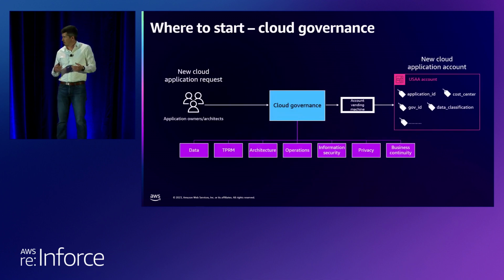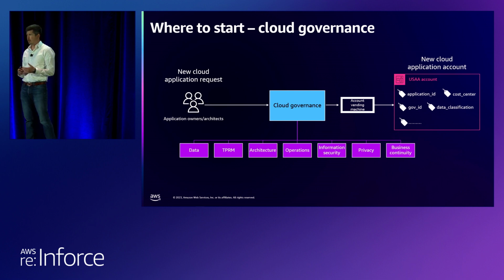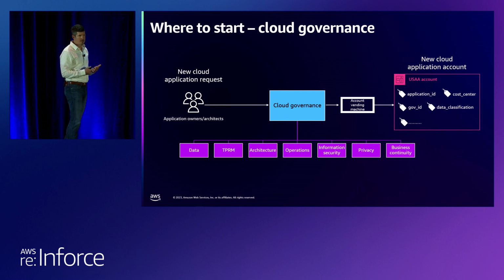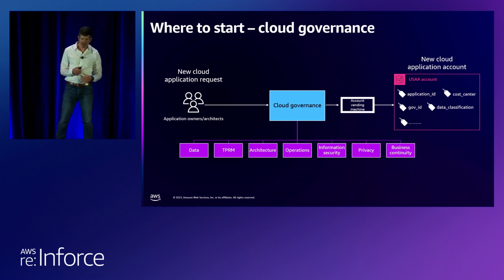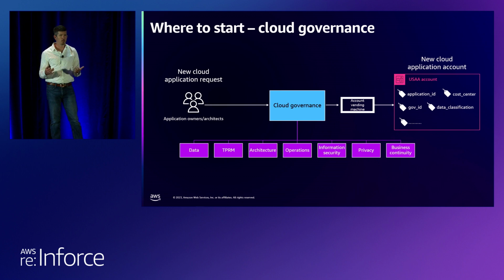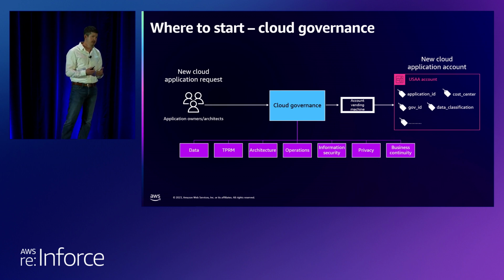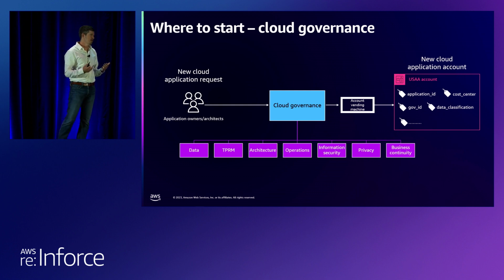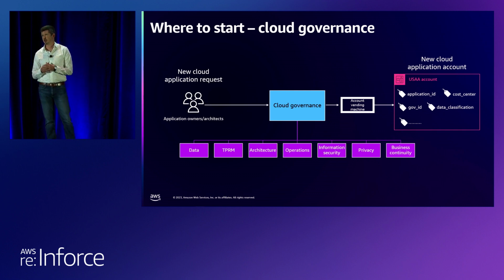So the next step in our journey was asking ourselves, where do we start? There are multiple facets of the AWS data perimeter, and we knew that there are multiple ways to approach them. So we started with our cloud governance framework. Our cloud governance framework at USAA essentially works in any time a new application request comes in, the application owner and architects bring that request to the cloud governance panel, and that framework has the objective of ensuring that everything we enable is compliant and secure.